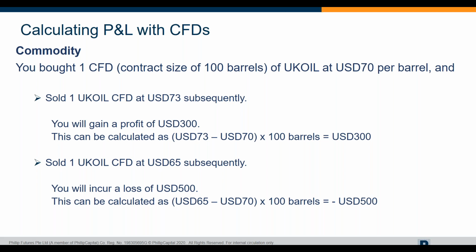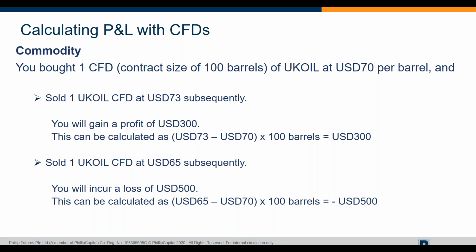Okay, so coming back to this calculation, let's say you bought a CFD contract of UK oil. One CFD equates to 100 barrels, assuming a price of 70 US dollars per barrel. So you bought this contract at $70 per barrel, and subsequently you sold it at $73. Although with a 3% increase in the price, your gain will be $300, because it's $3 times 100 barrels.